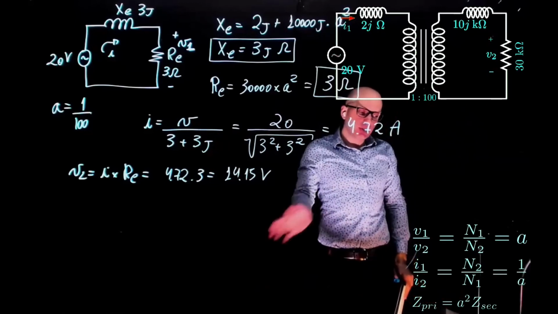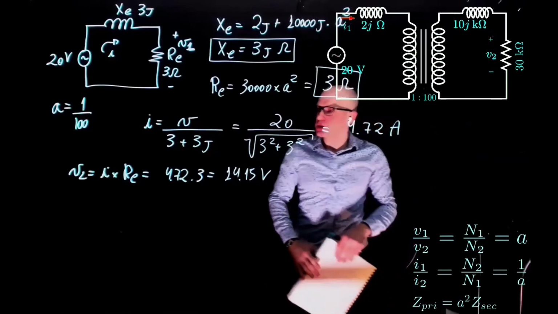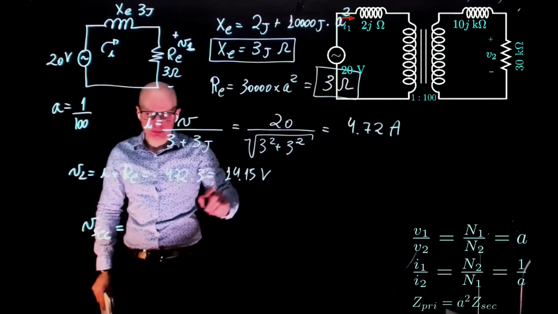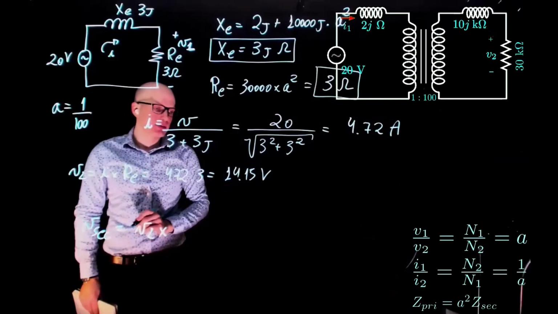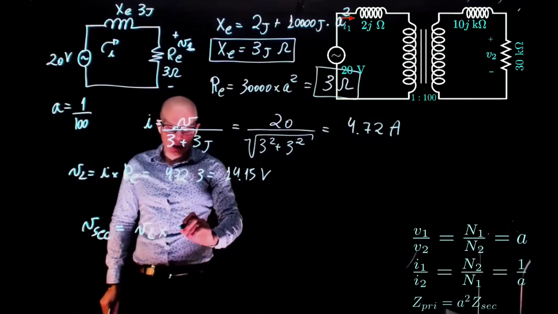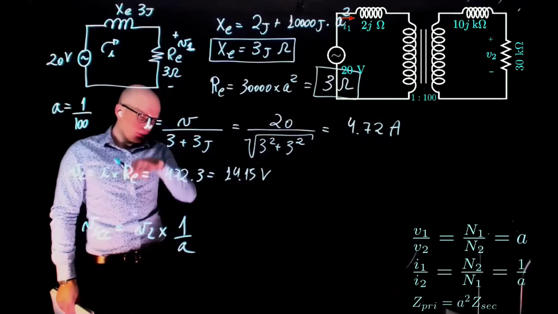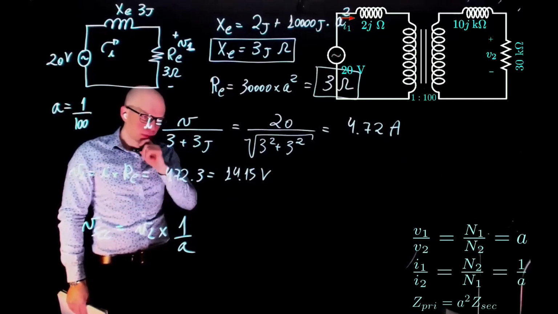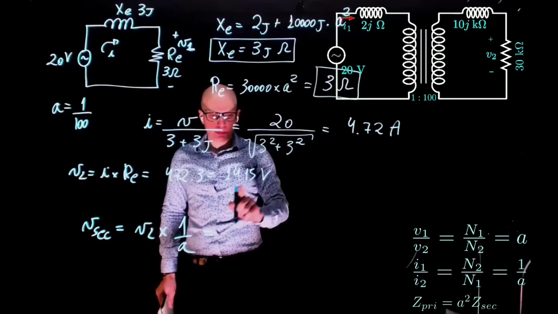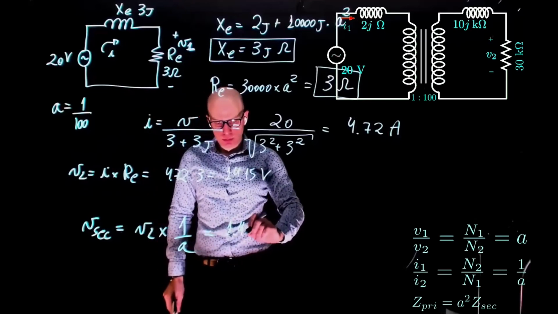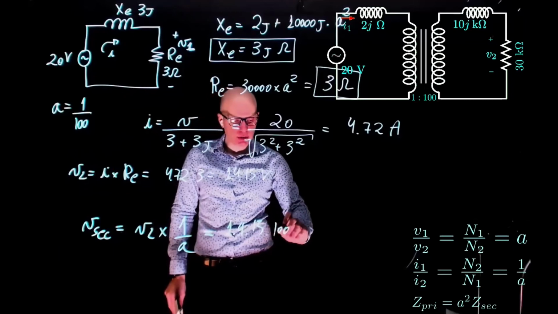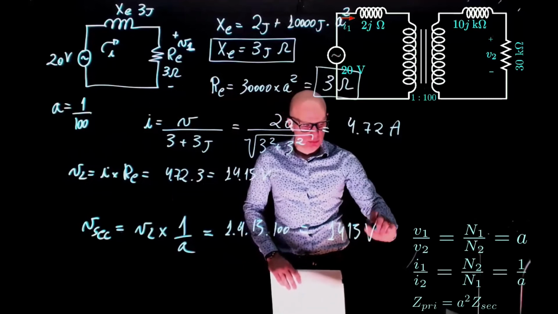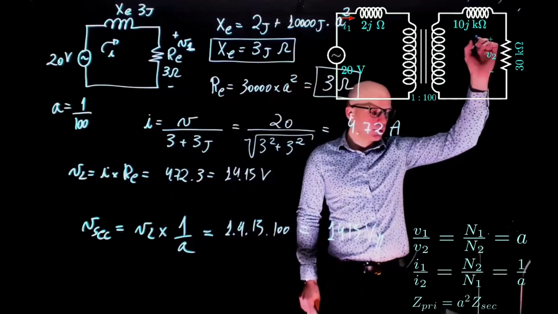Voltage and current is just A. So the voltage on the secondary will be the voltage VL times 1 over A. This is 14.15 times 100, which is 1415 volts. This is the voltage right here.